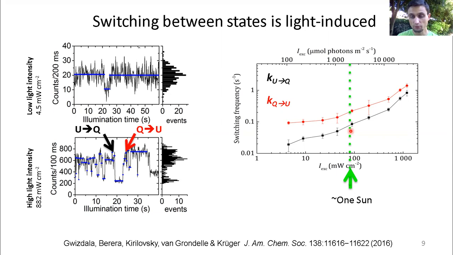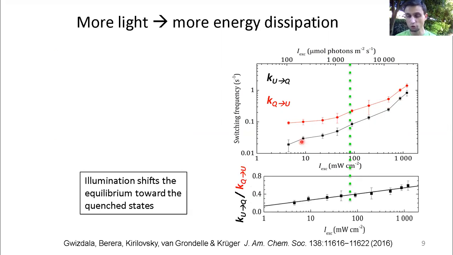Now, when you look carefully, you'll notice that the black plot is steeper than the red plot. When I take the ratio between the two, this ratio also increases with enhanced illumination, indicating that the net effect is an equilibrium shift toward quench states, exactly what one expects from a photoprotective mechanism.